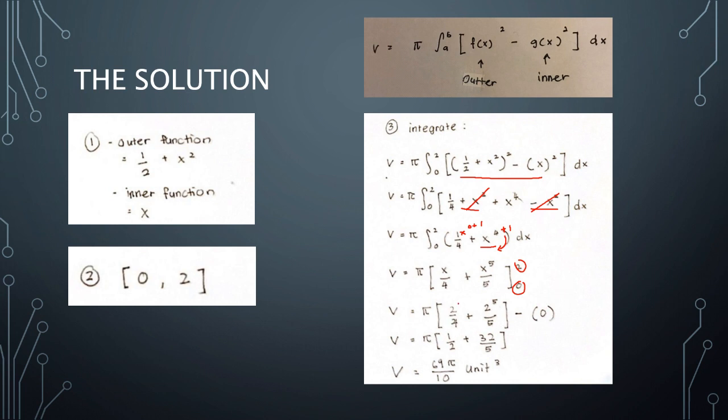Next, we can simplify 2 over 4 to 1 over 2. And we get 1 over 2 plus 32 over 5, from 2 to the power of 5. And we can solve this and we will get 69 pi over 10 unit cubed.